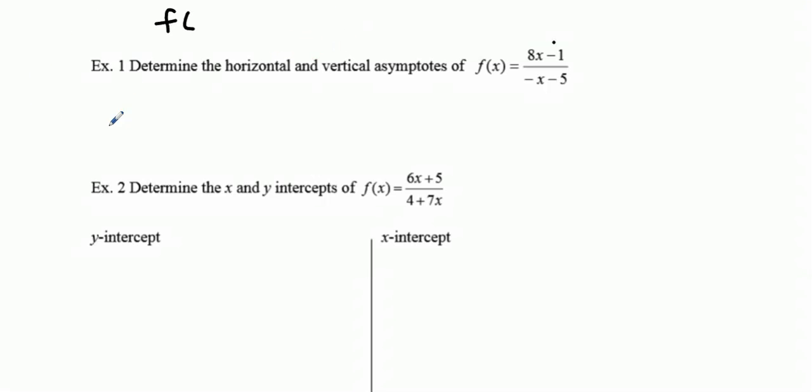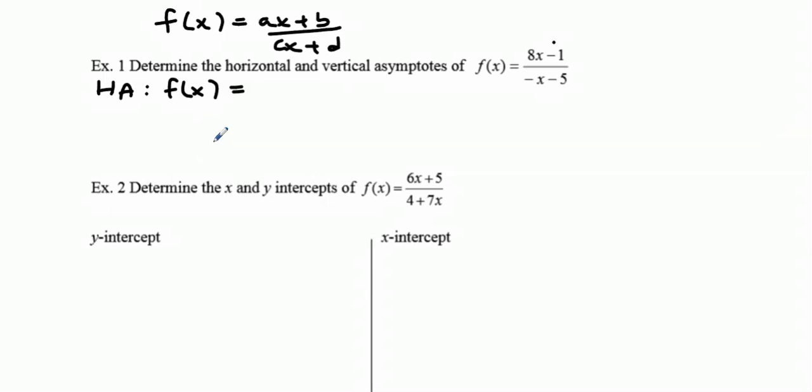If f of x is equal to ax plus b over cx plus d, then the horizontal asymptote, as you recall, involves the coefficients of the x terms. The horizontal asymptote takes the form y equals, or you could say f of x equals, 8 over negative 1.